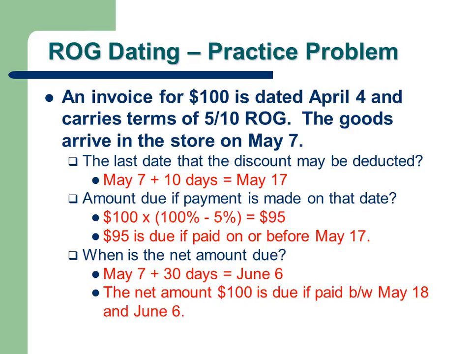May has 31 days, so May still has 24 days left. So you have 6 more days in June that you can still wait and pay. So that will be June 6th, right? This means if you pay the invoice between May 18th and June 6th, you're going to have to pay the full $100 invoice with no cash discount. However, you don't have to pay any carrying fees.